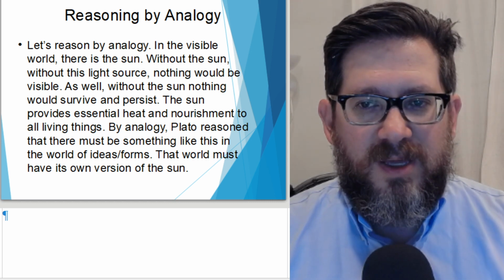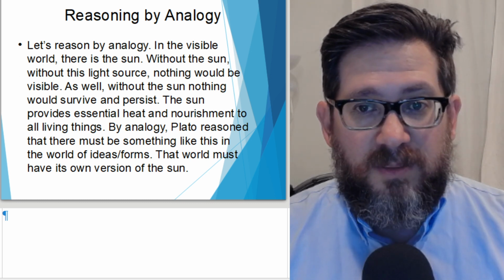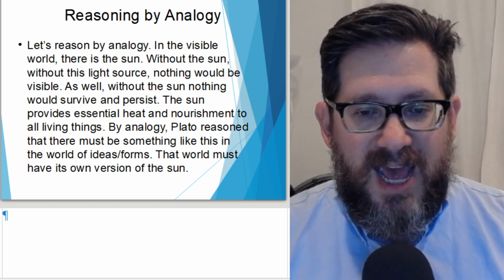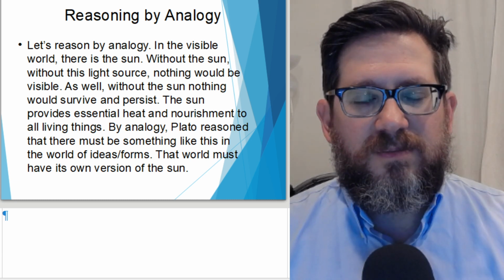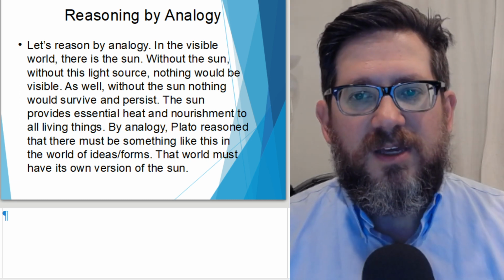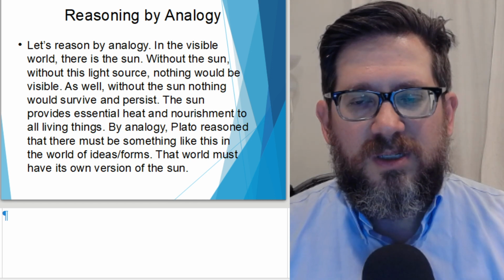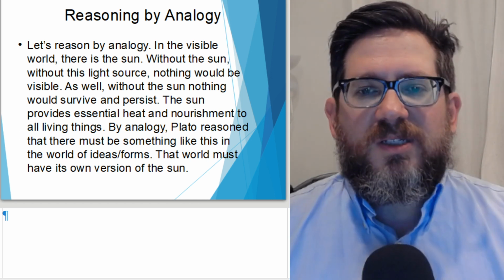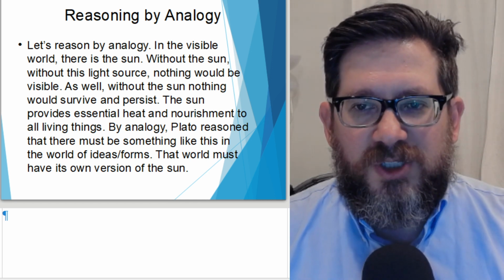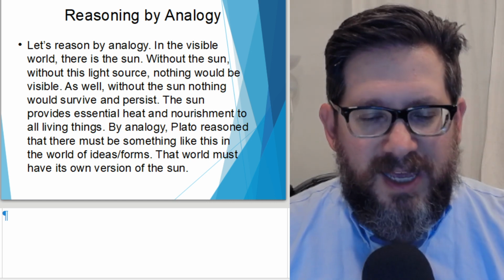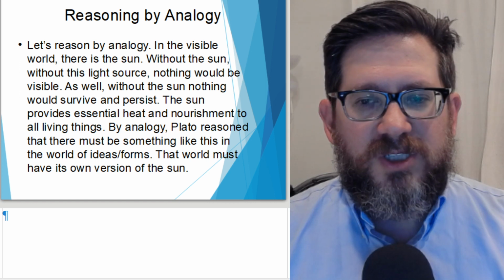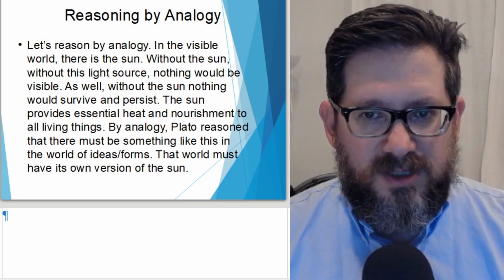Survive through time. Because the sun both makes the planet habitable, right? It heats it up enough so that we don't freeze to death. And it also does what? Besides essential heat, it also provides nourishment, right? We wouldn't have plants without the sun and photosynthesis.